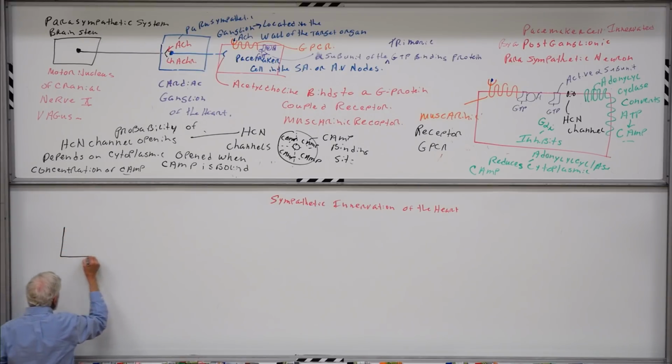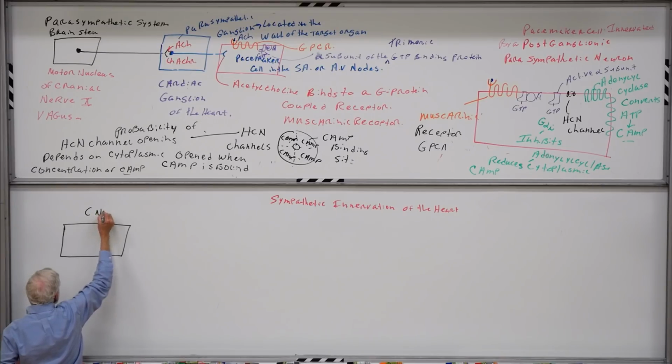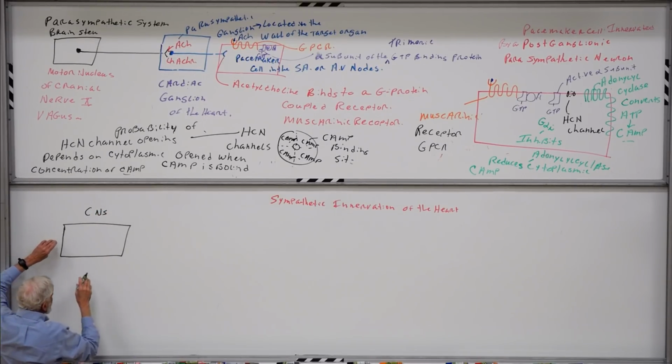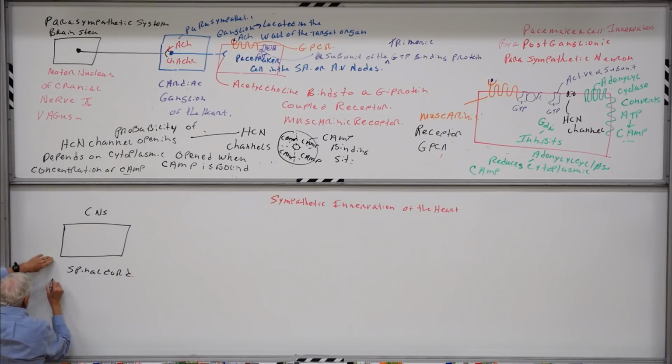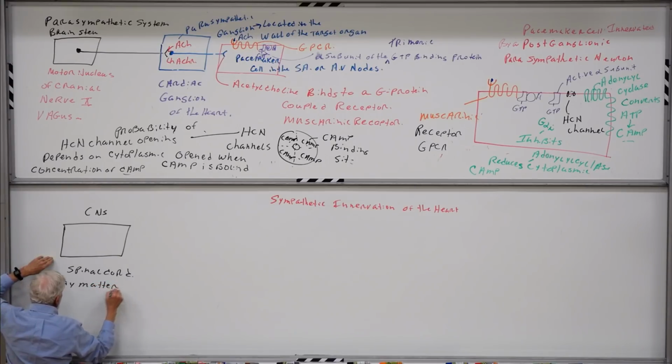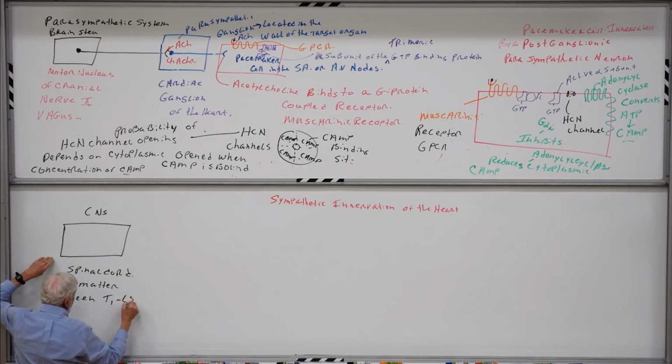We start out with the central nervous system. But for the sympathetic branch of the autonomic nervous system, we're now talking about the spinal cord. And we're specifically talking about the spinal cord gray matter between T1 and L3.